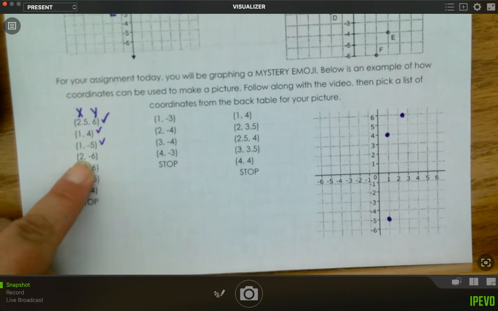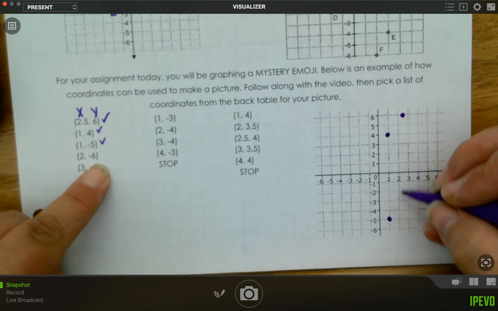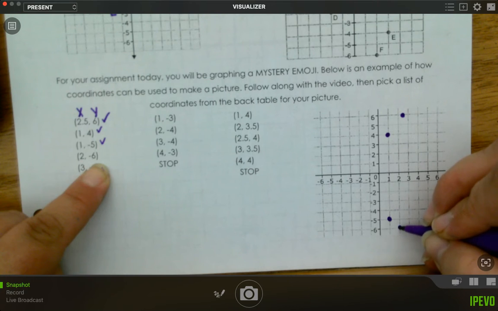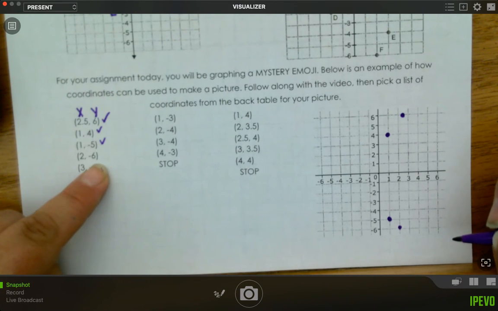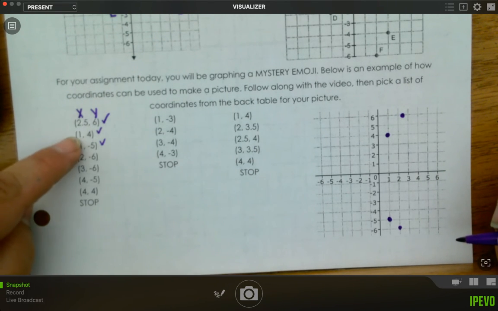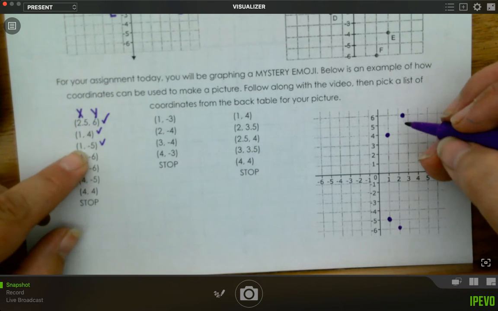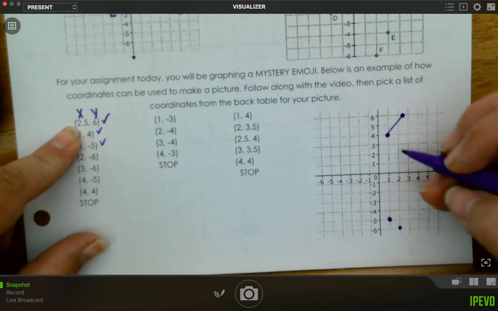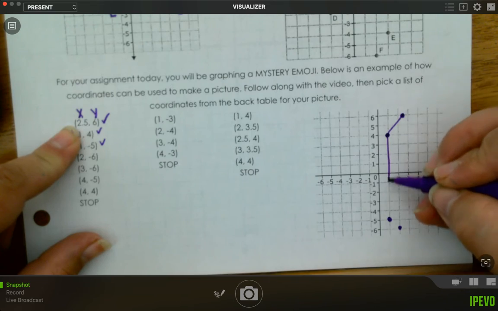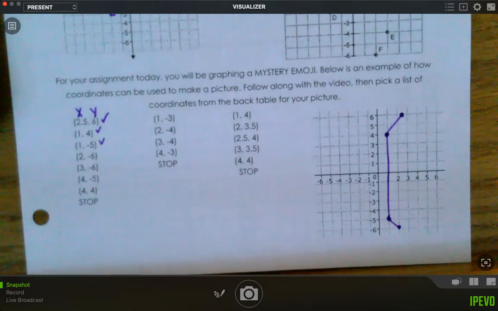Over 2 to the right, down 6. And what we're doing as we go from these points to the next one is we're connecting them. So I'm connecting my first 2, my next 2, and then my next 2.